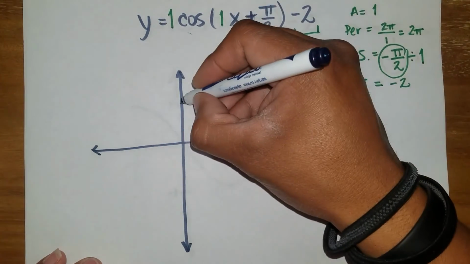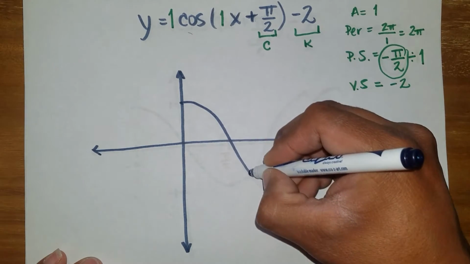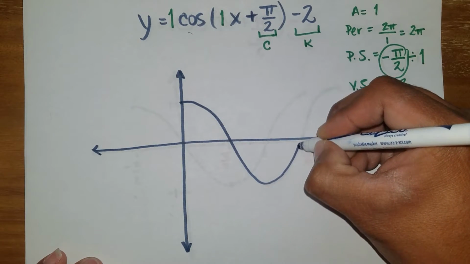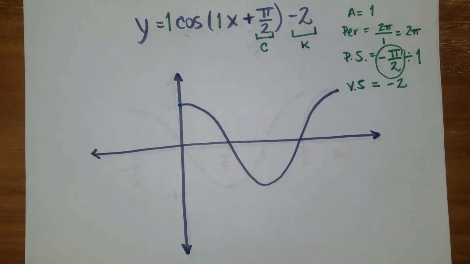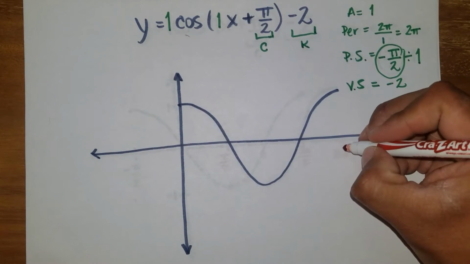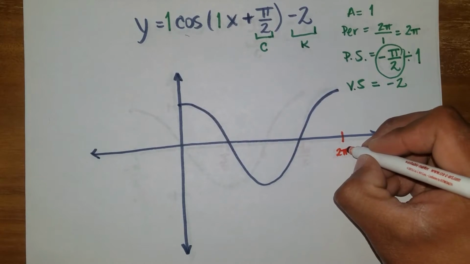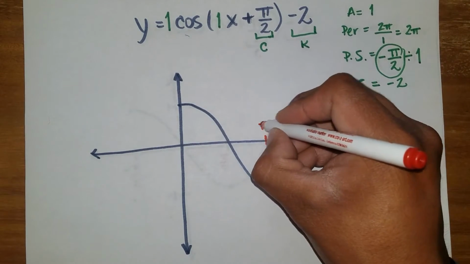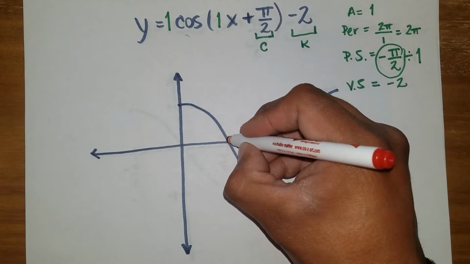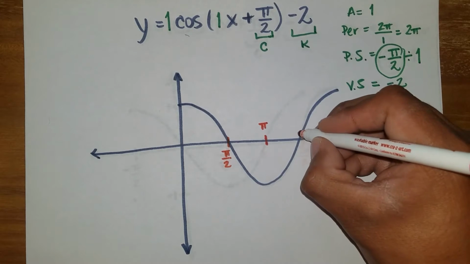Notice how it also has an amplitude of 1 above the x-axis and negative 1 below the x-axis. We keep the same cycle or period, 2 pi, half of that is pi, then pi over 2, and of course 3 pi over 2.